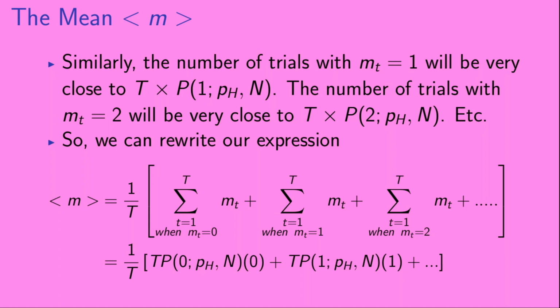The number of trials with mt equal to 2 will be very close to t times p of 2 given ph and n, etc. So we can rewrite our expression for the average value of m as 1 over t times t times p of 0 given ph and n times 0 plus t times p of 1 given ph and n times 1, etc.